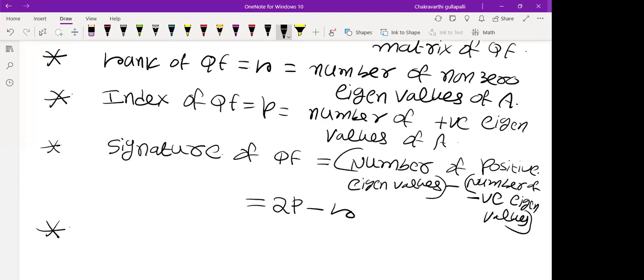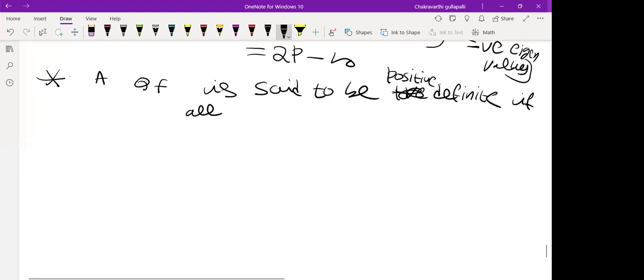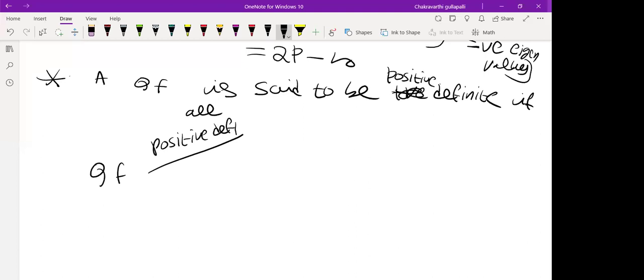Next, we have positive definite. A quadratic form is said to be positive definite if all eigenvalues are positive.